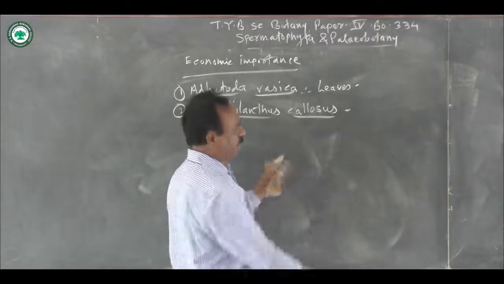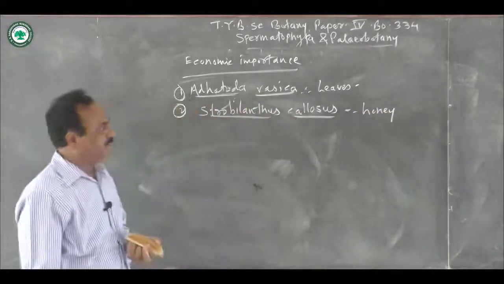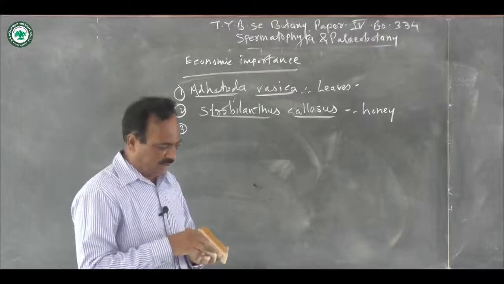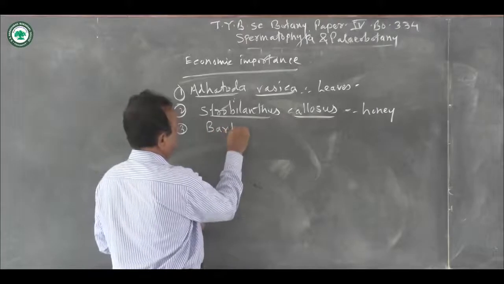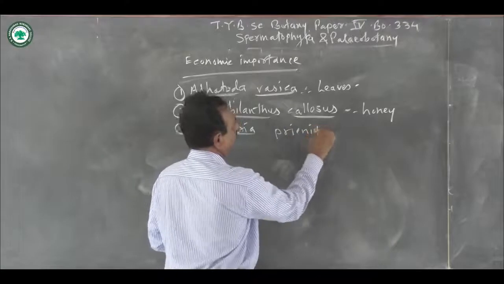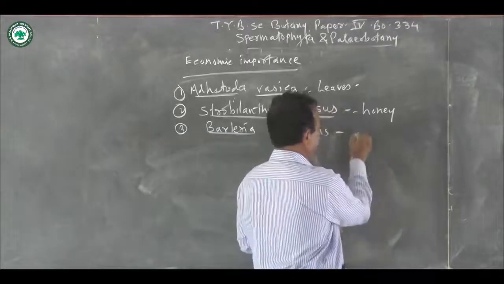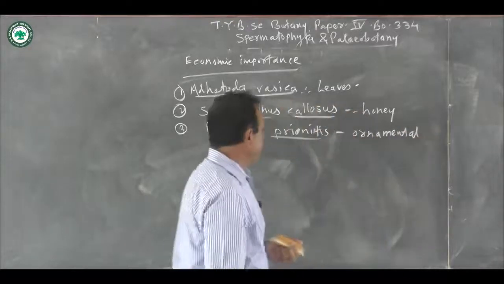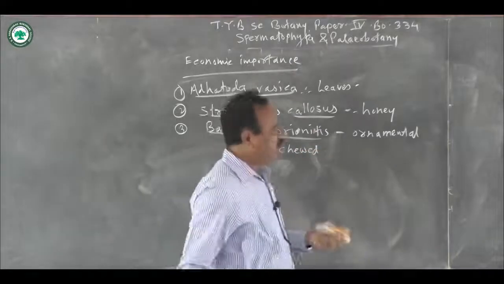From the flowers of this plant, honey is obtained. This honey, we know, is medicinally important. The next is Barleria prionitis. This is commonly planted as an ornamental plant, and the leaves of this plant are chewed for toothache.